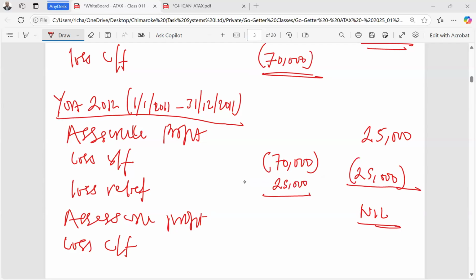So 45,000 is available for relief. So you take it down here and relieve it. 45,000. So this is what is going to be available for relief. All right. Now we go to the next period.